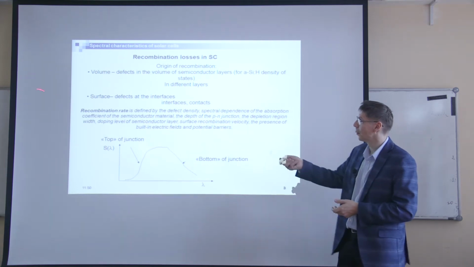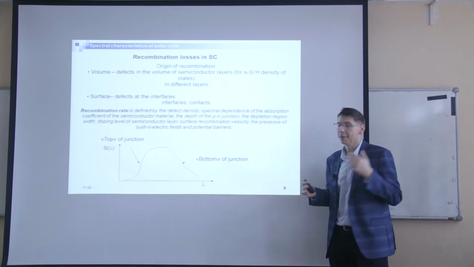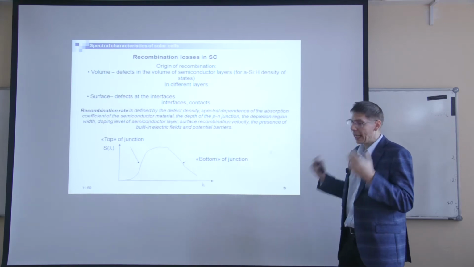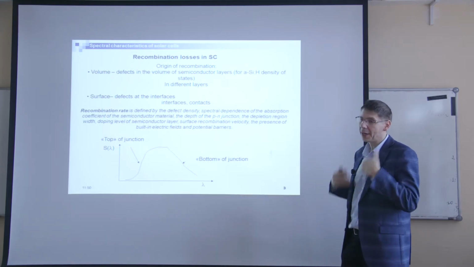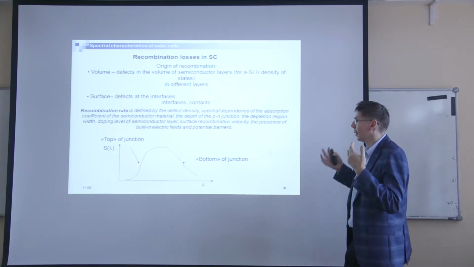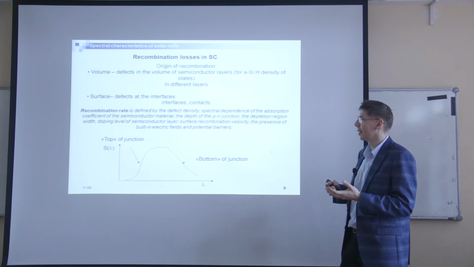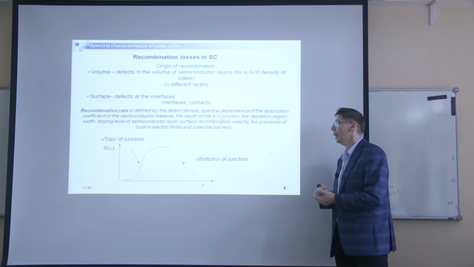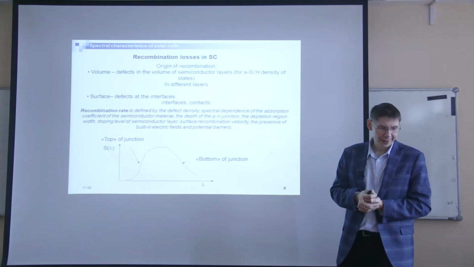And another case is surface recombination. It's clear that you have defects at the interface, at the surface. You have to understand that any surface of a wafer or some semiconductor, and the contact, is a source of recombination. I mean, any ohmic contact is actually like a source of infinite recombination velocity. So I hope you realize it.